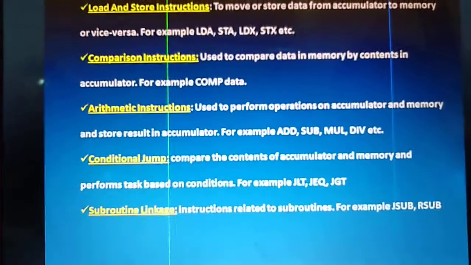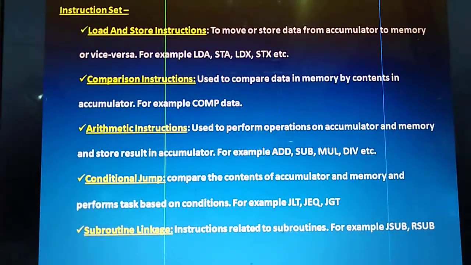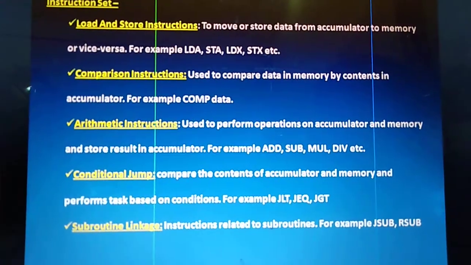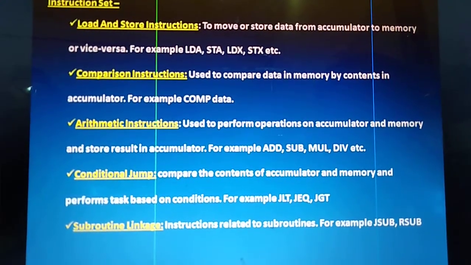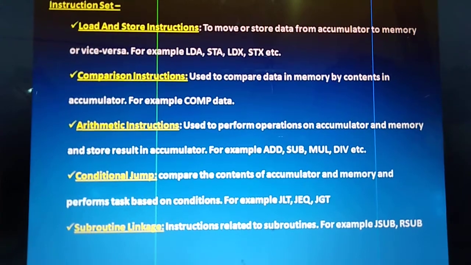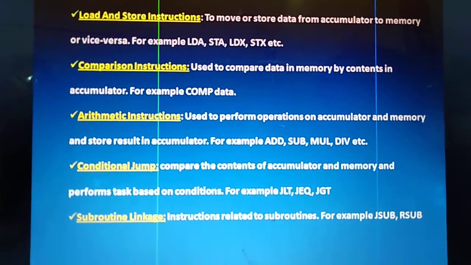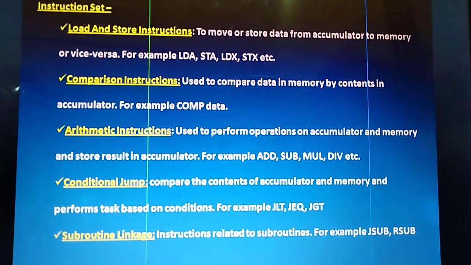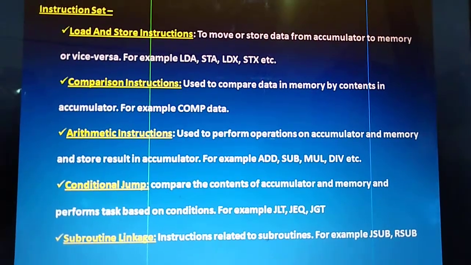There are different types of instruction sets. Load and store instructions: if you want to move any data or store any data from accumulator to memory or vice versa, from memory to accumulator, then you need different types of load and store instructions.